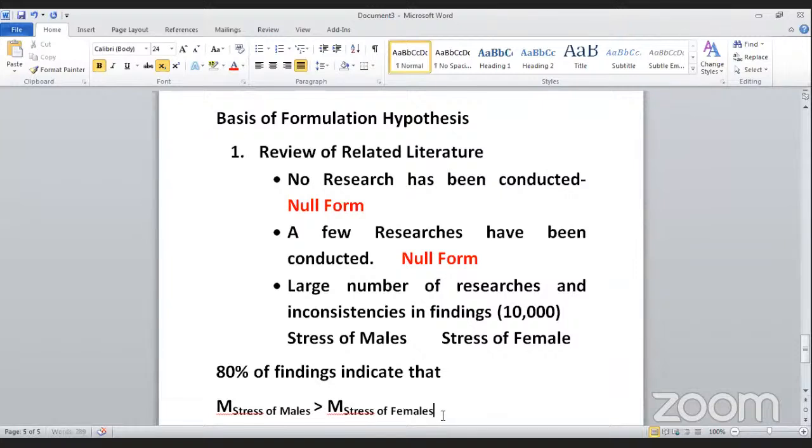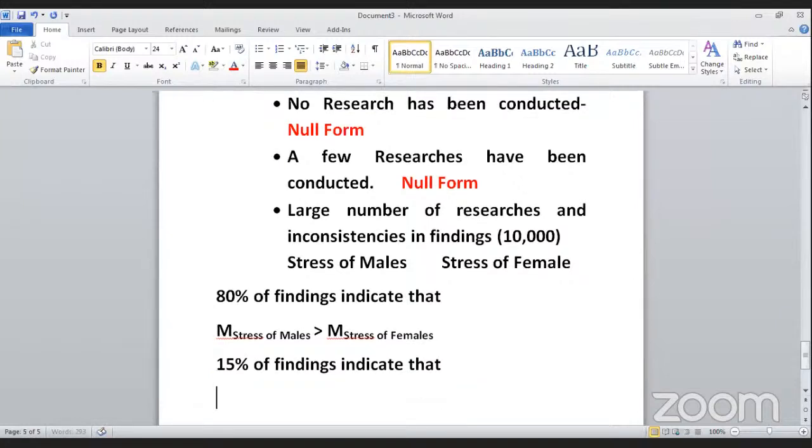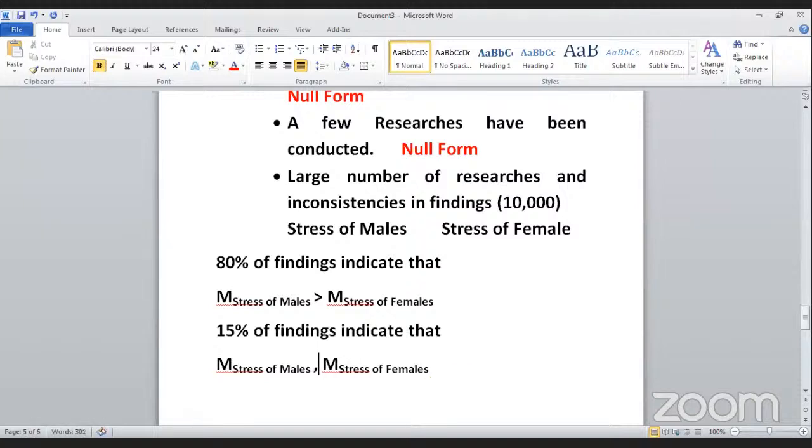score of stress of female, and suppose 15% of the findings indicate that the mean score of stress of male is significantly lower than the mean score of stress of female.